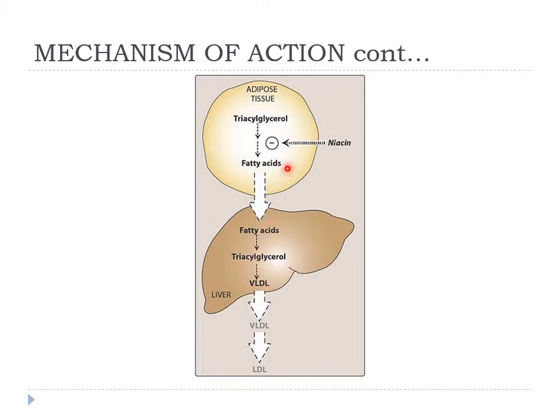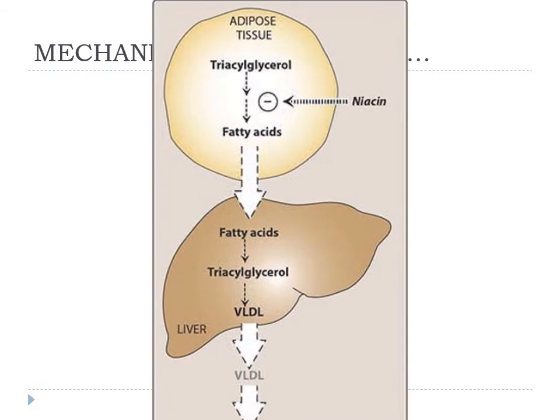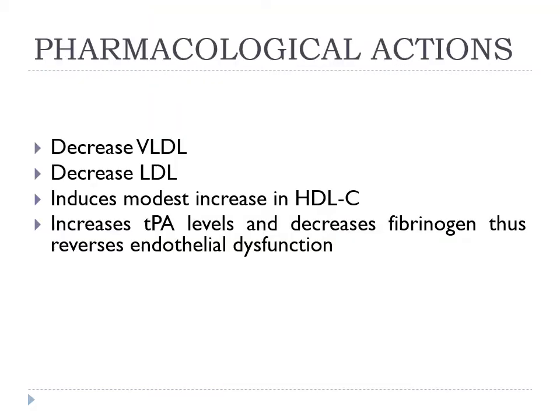So no fatty acids, no VLDL, and no VLDL, no LDL. So in this way, it is decreasing the VLDL and LDL cholesterol, and it also inhibits the catabolism of HDL cholesterol.